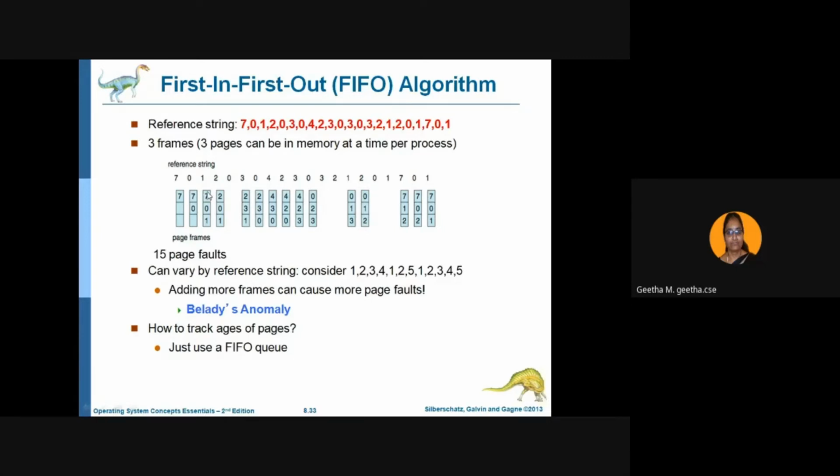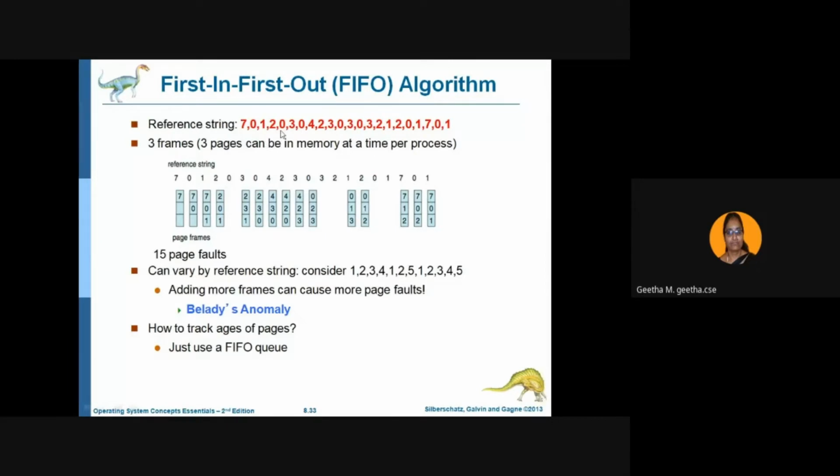Page 7 has occupied the physical memory first. So it removes page number 7 and puts this page into the backing store. Then it brings page 2 in place of page 7. So now the pages in the frames are 2, 0, 1.